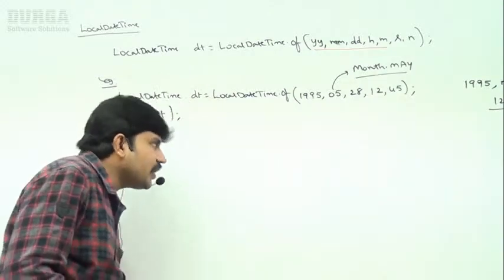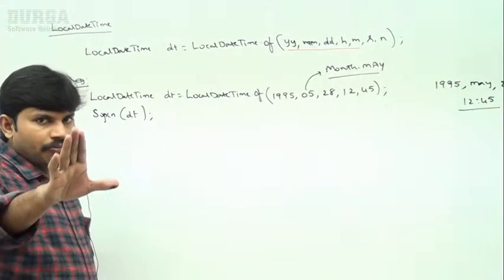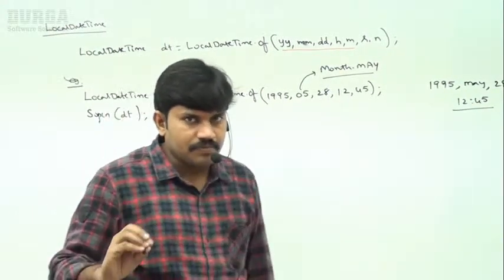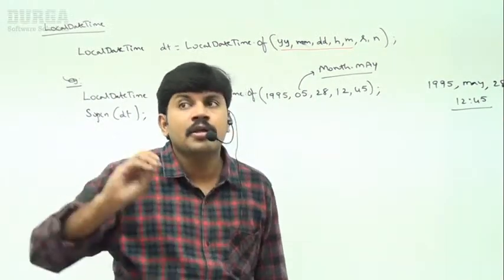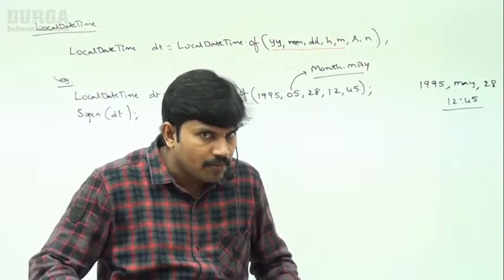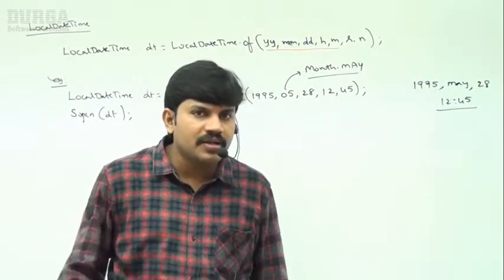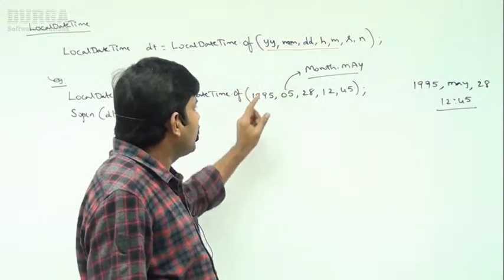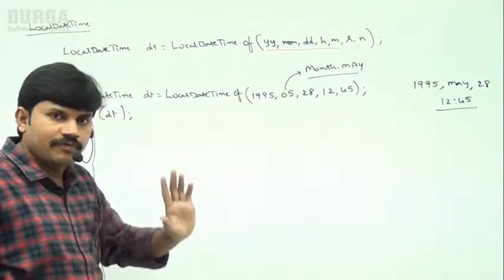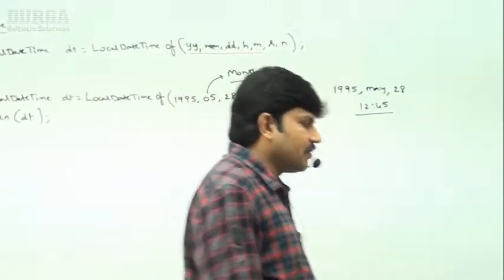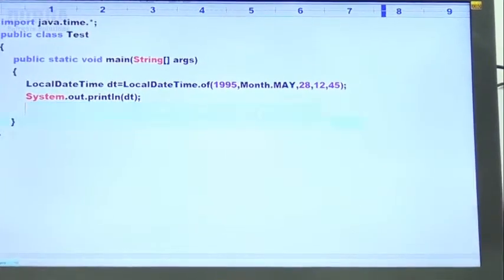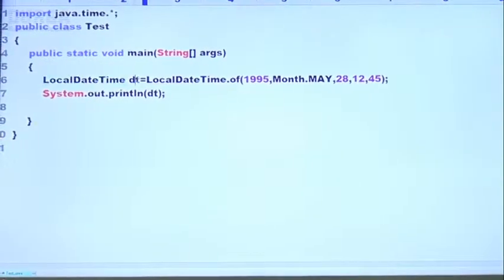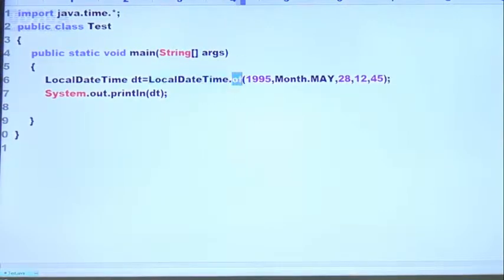Okay, let me execute so that you can see. Make sure a LocalDateTime object can represent the current time and current date, and can represent a particular date and time also. No problem at all. If you want to represent a particular date and time, then we have to go for the LocalDateTime.of method. Clear? Here, have a look once. LocalDateTime dt is equal to LocalDateTime.of 1995, Month.MAY.